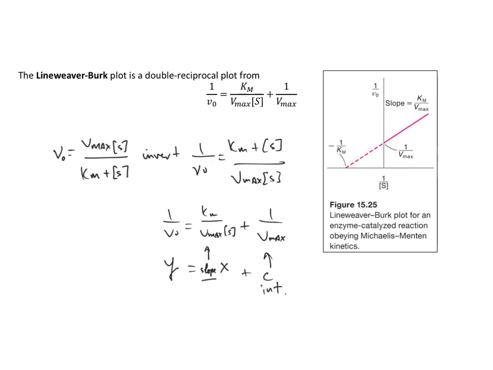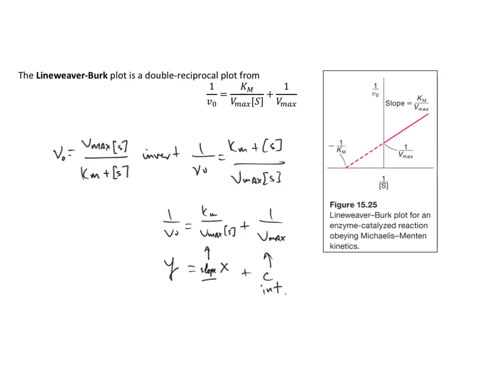Now, you can get a straight line. There's a bit of a disadvantage here we're told about. It compresses data points at high concentrations into a small range, and that's going to affect your accuracy. It emphasizes the points at small concentrations more, which again are harder to measure.